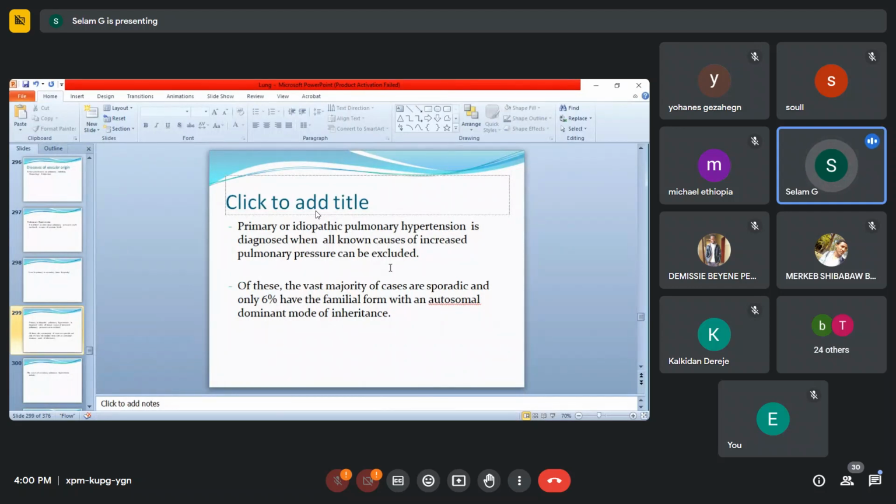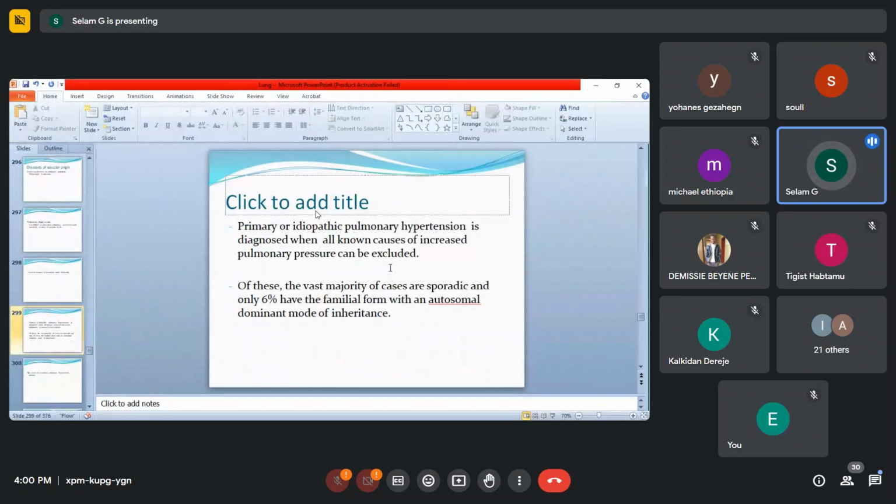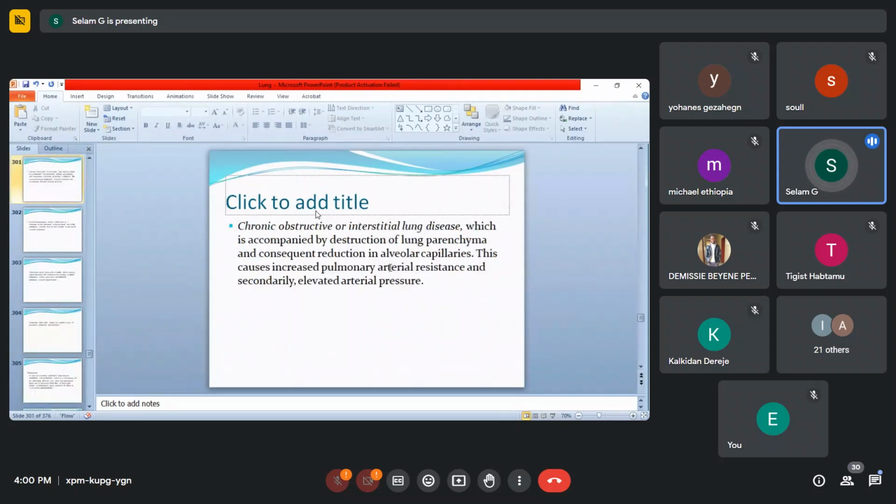You cannot find any lesions associated with that, so you diagnose primary or idiopathic pulmonary hypertension. Of this, the vast majority of cases are sporadic, and only 6% have familial forms with an autosomal dominant mode of inheritance. The causes of secondary hypertension include chronic obstructive or interstitial lung disease.